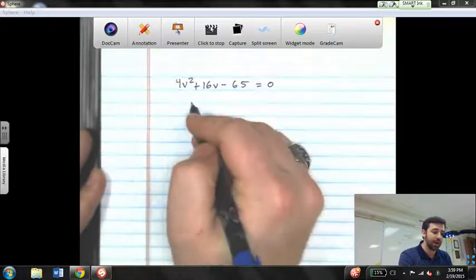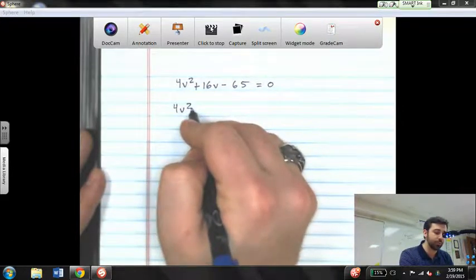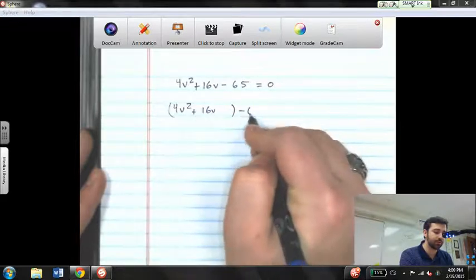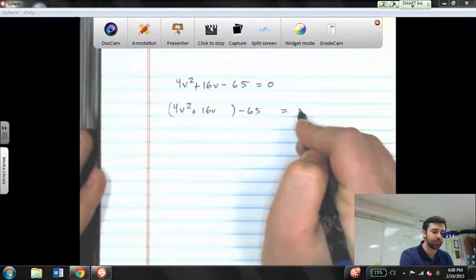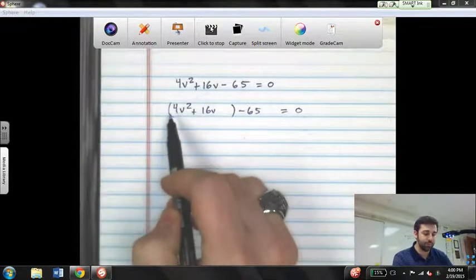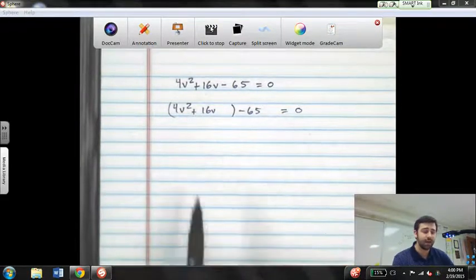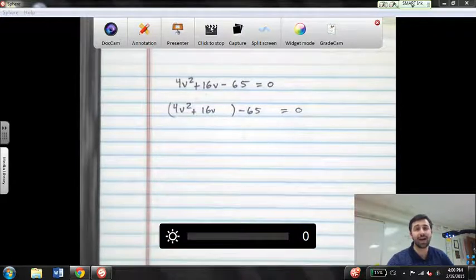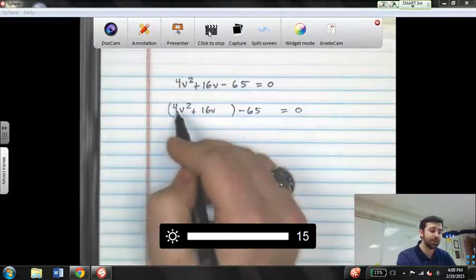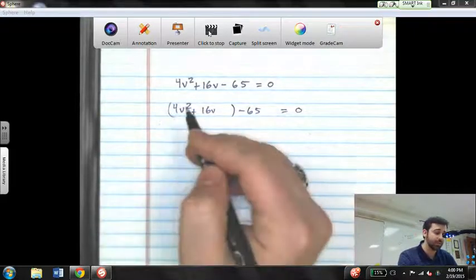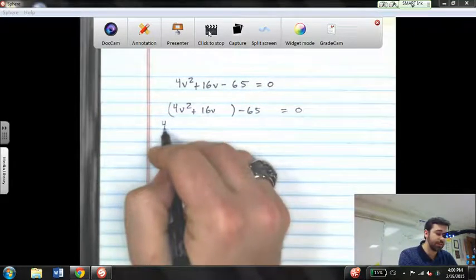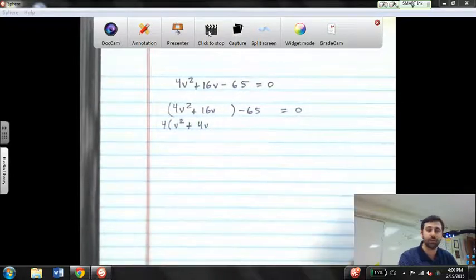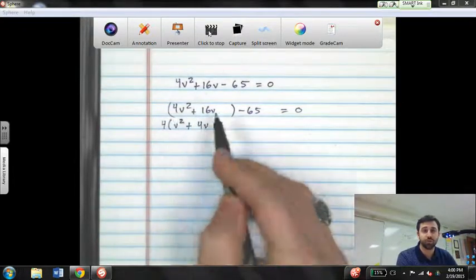When I go to group my variables, I would group the 4v squared plus 16v. I notice that v squared's coefficient is 4, not 1. So what I need to do is factor out that 4. When I do that, I get v squared plus 4v, and by factoring out I'm just dividing a 4 from each of these coefficients.